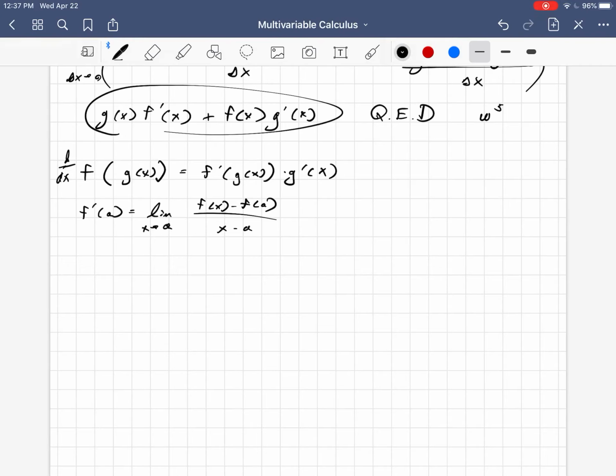Now, I think I want to use this definition of the derivative. So what I can do is I can write this as the limit as x approaches a of f of g of x minus f of g of a over x minus a.